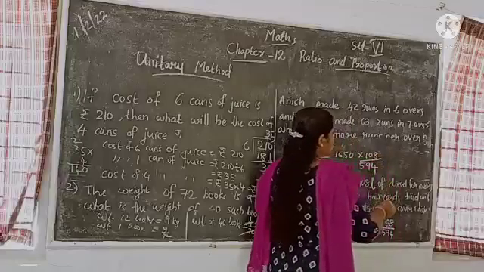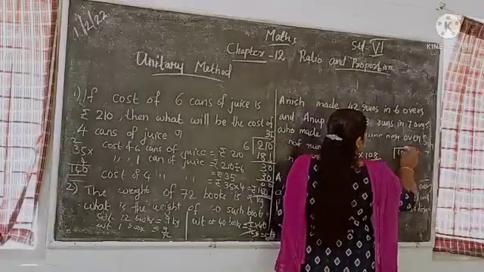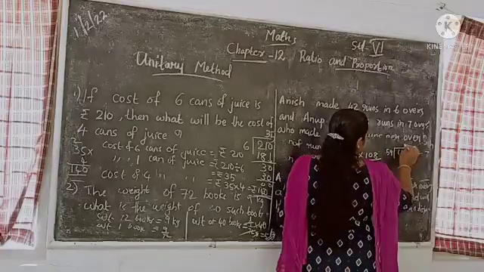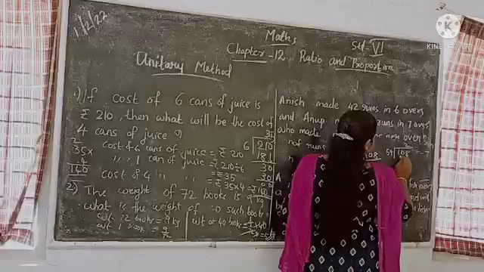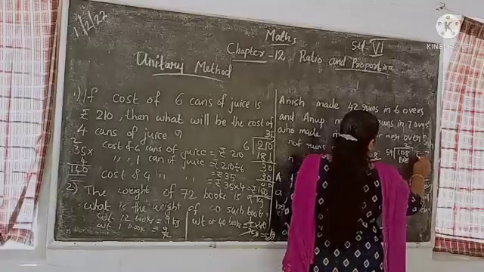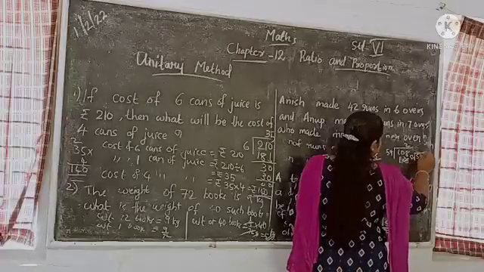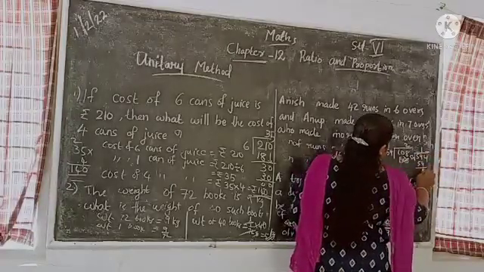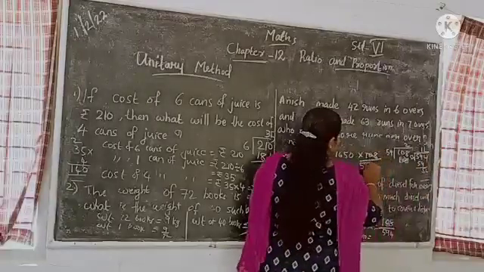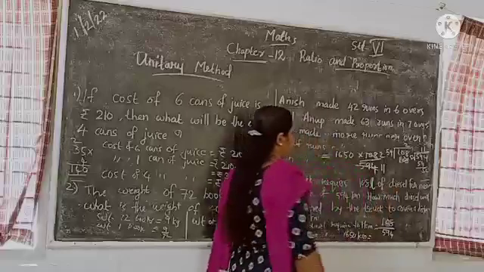Let us cancel. 108 divided by 54 is equal to 2. Then 594 divided by 54 is equal to 11. Okay, 2 by 11.